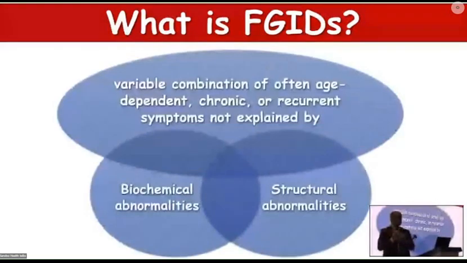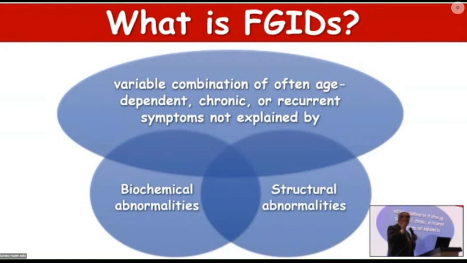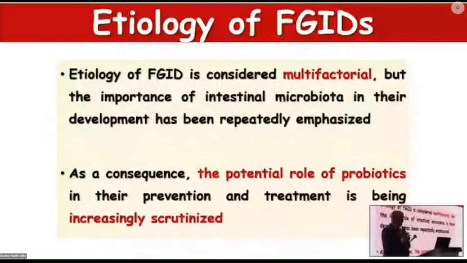They are variable combinations of age-dependent, chronic or recurrent gastrointestinal symptoms, but there should be one important point: these symptoms cannot be explained by biochemical or structural abnormalities. So if we have no biochemical or structural abnormality and we have a combination of recurrent or chronic gastrointestinal symptoms, this is called functional gastrointestinal disorders.